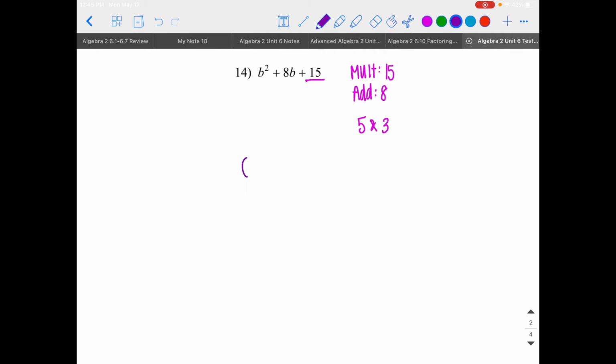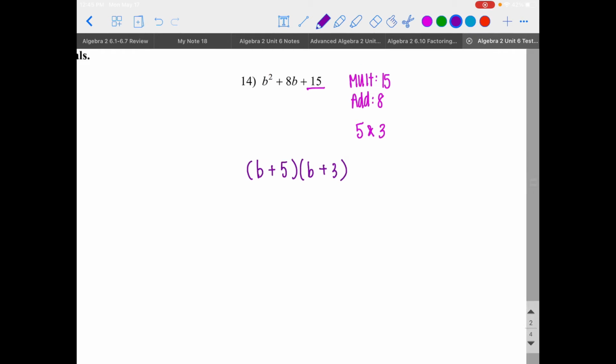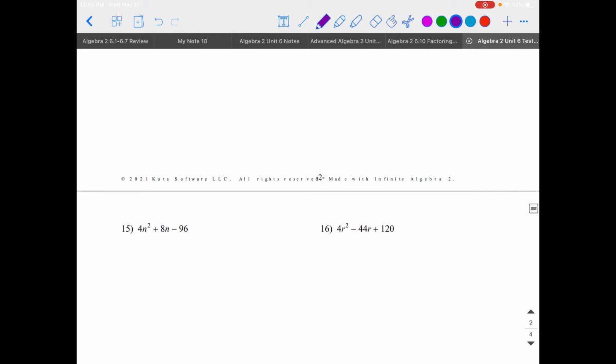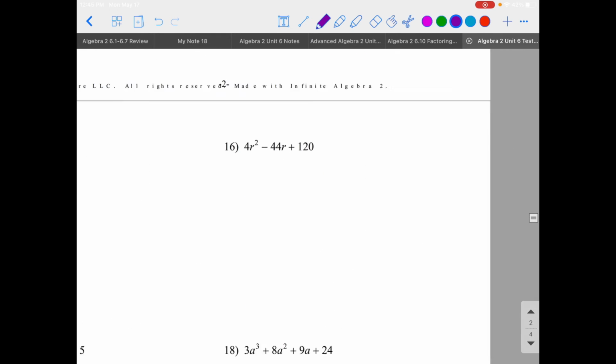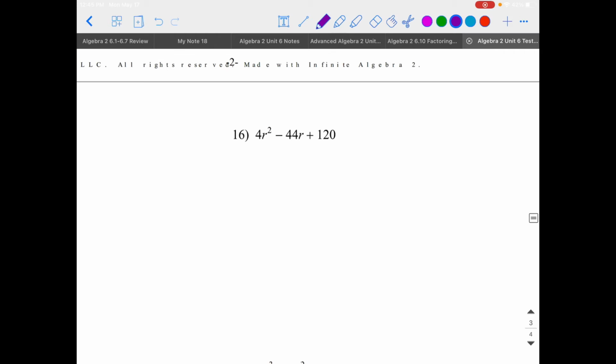So our answer is b plus 5, b plus 3. Now, if there's a number in front of that x squared, like in number 16, that means you have a GCF, and that GCF is going to be that number. So in number 16, you would have to factor out or divide out the 4, and then you would follow those other same steps.